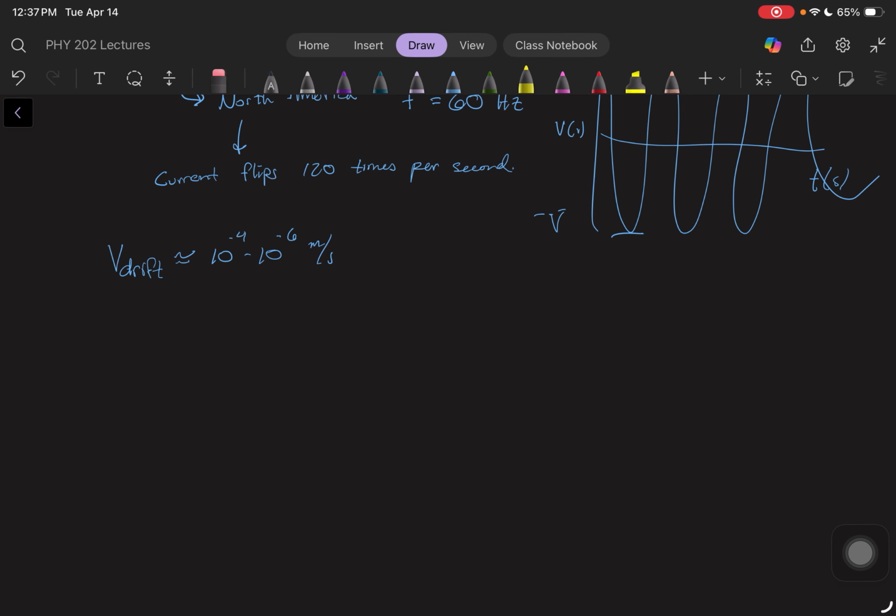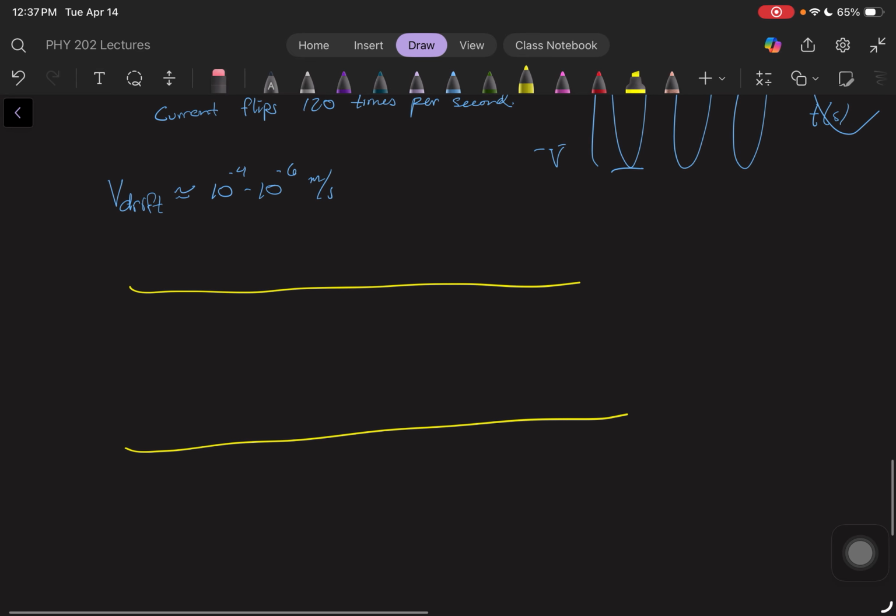A better way to think about it is if you have your wire, you have a bunch of electrons all kind of bouncing around at their Fermi speeds, going fast. If you take a cross section of that, when you have a potential, overall, more electrons are going to travel across the boundary in one way.